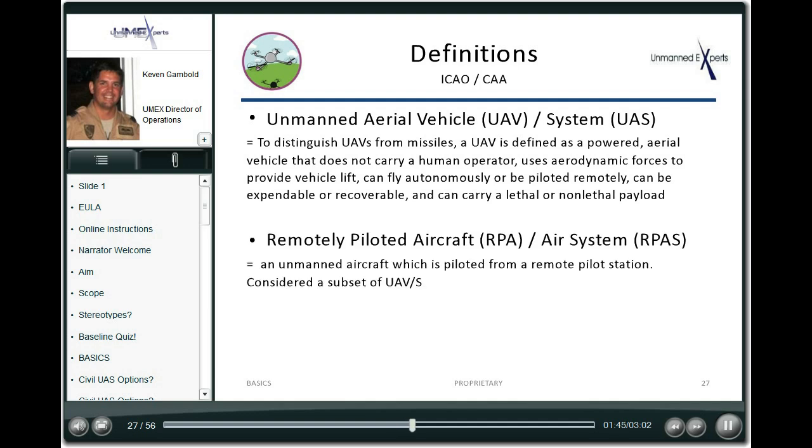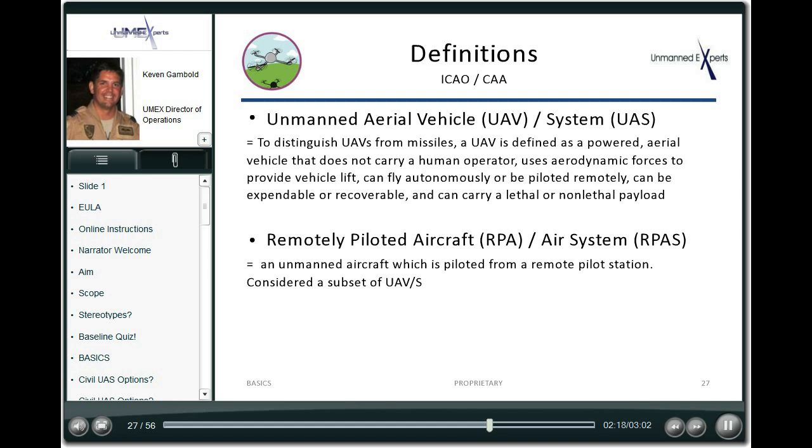On to remotely piloted aircraft. This is now RPA. In fact, ICAO and most of the international organizations are going towards RPA being the term of choice, or RPS. It is actually a subset of UAVs, and this is important because personally, I think this course should all be about unmanned aerial vehicles rather than remotely piloted. The remotely piloted piece means that the aircraft itself, wherever it is, always has a human pilot attached to it remotely.